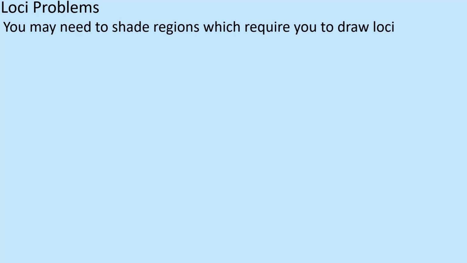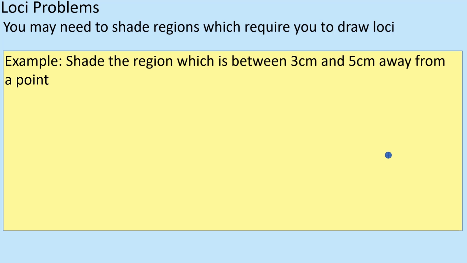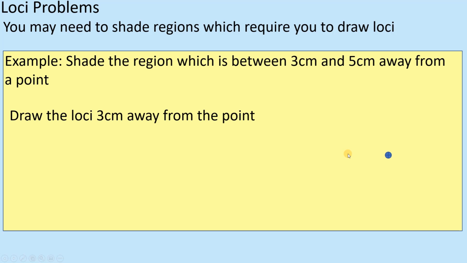If you have to shade a particular region, then obviously you need the loci. And again, this is very popular in exams: if you need to be within a certain distance from a point or a line, this is where it really comes into play. So, shade the region which is between 3 and 5 centimetres from a point. Anything that's a distance from a point is going to need a circle. So I'm going to need 2 circles.